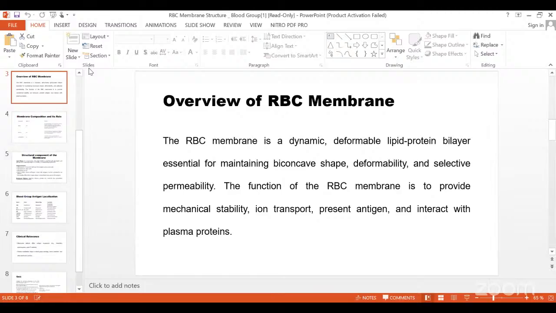The function of the RBC membrane is to provide mechanical stability, ion transportation, to present antigens, and to interact with the proteins in the plasma. Next slide, please.